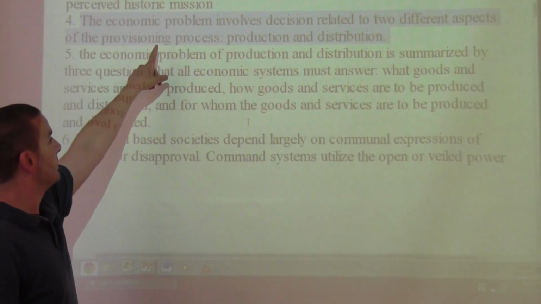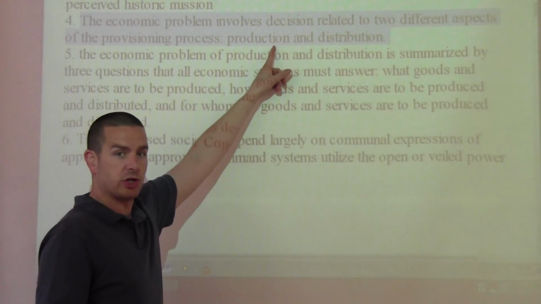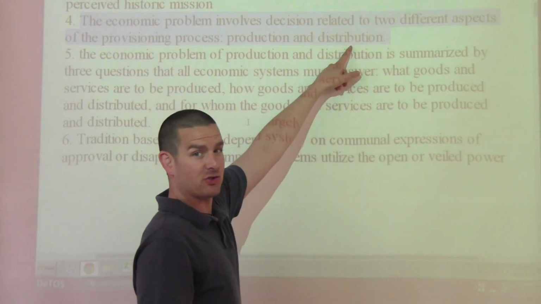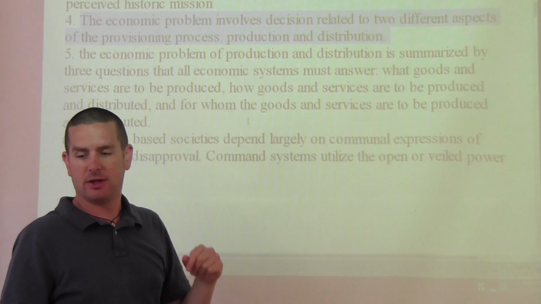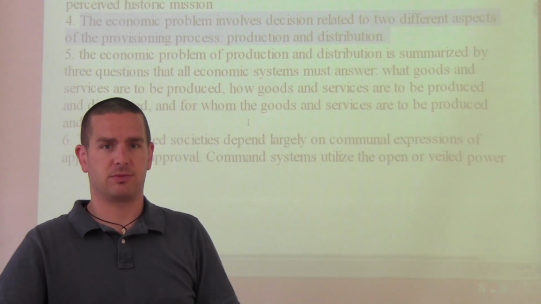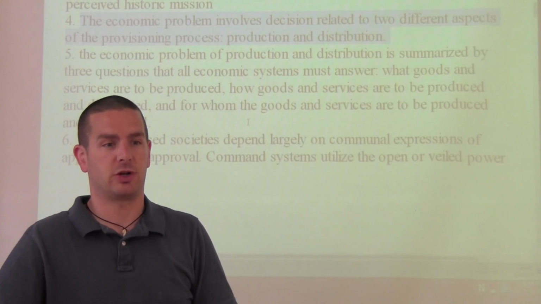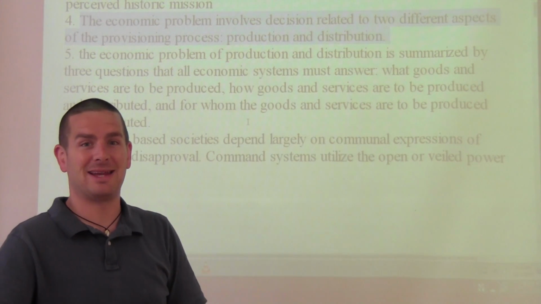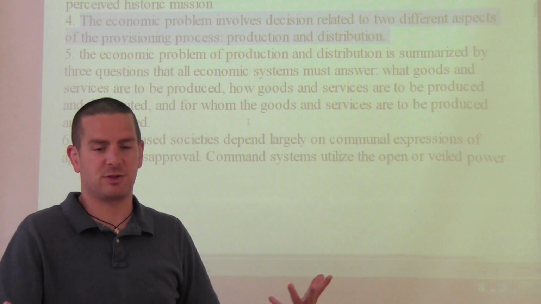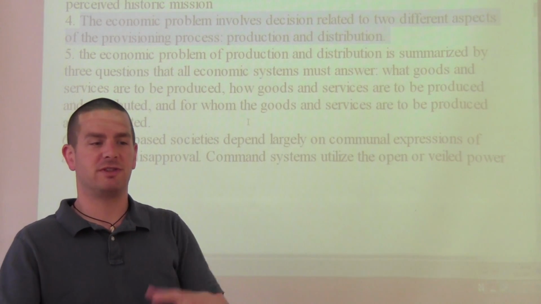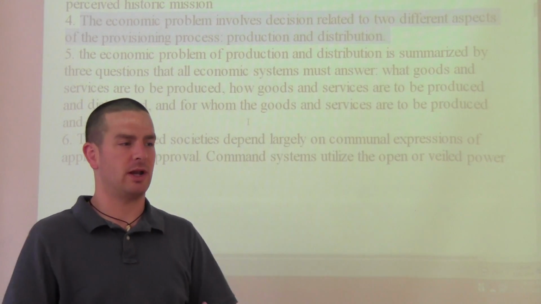It is related to production and distribution. It's what are we going to produce? So that's production. Who's going to produce it? That's production. Who's going to get the stuff that's produced? Well, that's a question of distribution. Who's going to get what and why?